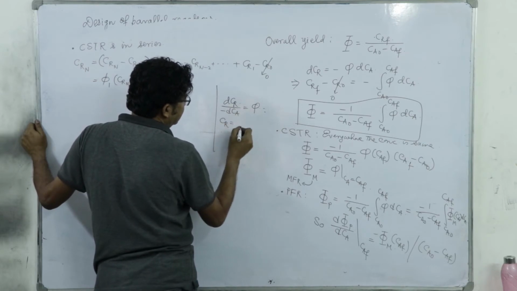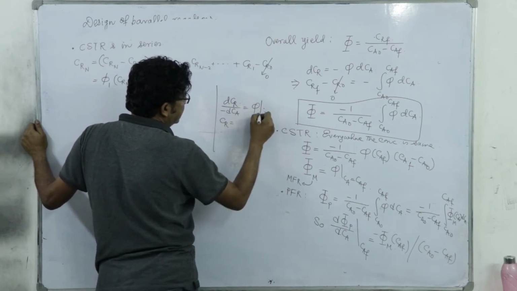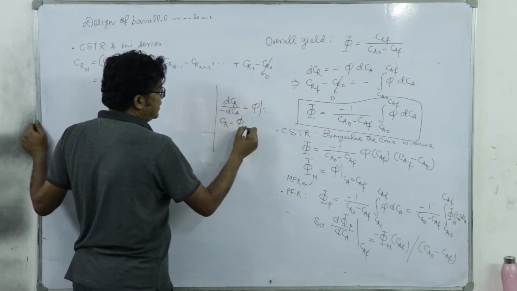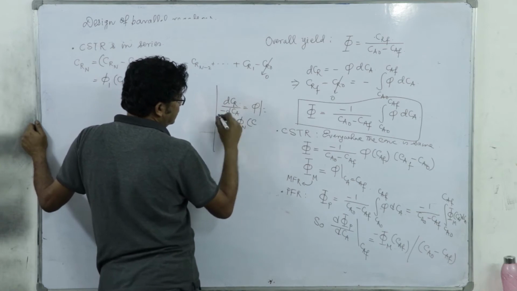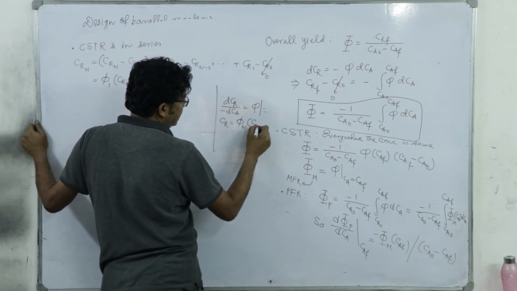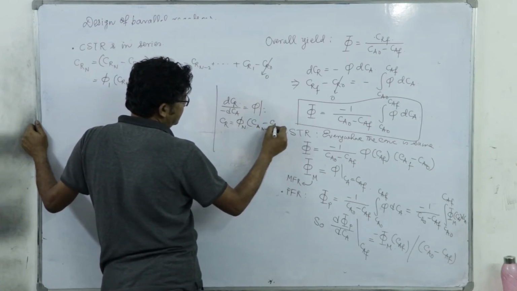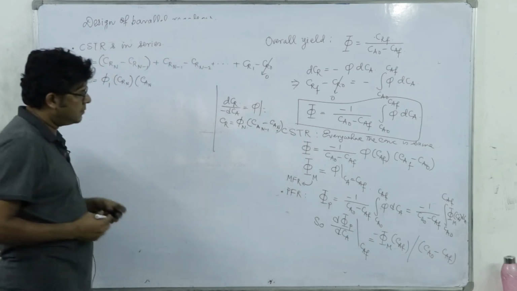So, Cr is equal to, this phi is constant, this phi for the reactor N into change of concentration with a negative sign. So, that is Can minus 1 minus Can, something like that.